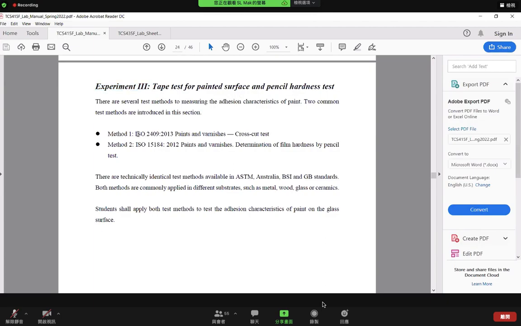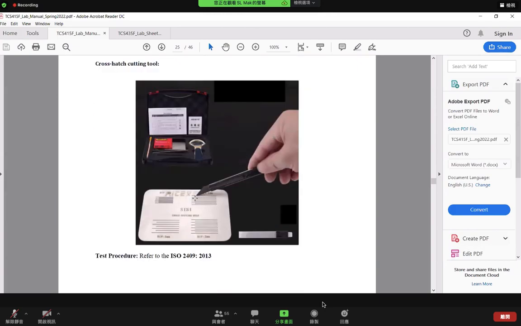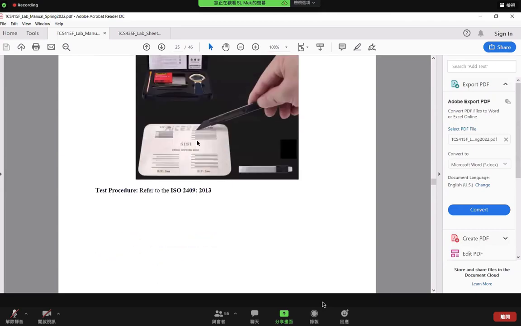The first one, ISO 2409, cross cut test. You use a razor to cut on the surface of the paint, and then use the tape to check whether the paint will be removed. It's an ISO standard.